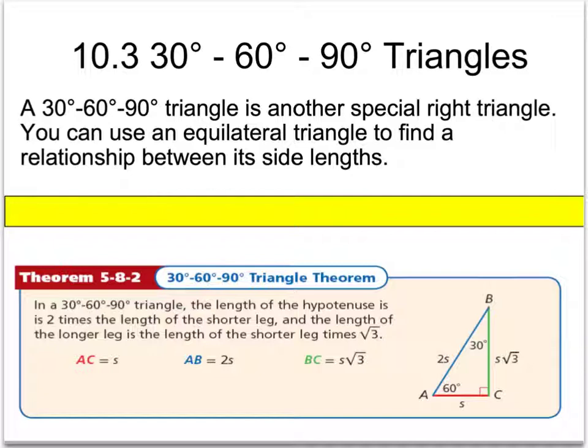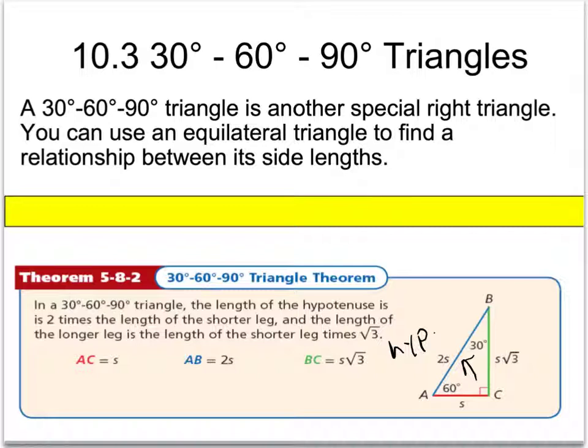Well, the very first thing is, as I'm reading down here, the length of the hypotenuse is 2 times the length of the shorter leg. We know the hypotenuse is the side opposite the right angle, so right there I'm just going to write hyp for hypotenuse. That is going to be 2 times the length of the shorter leg.